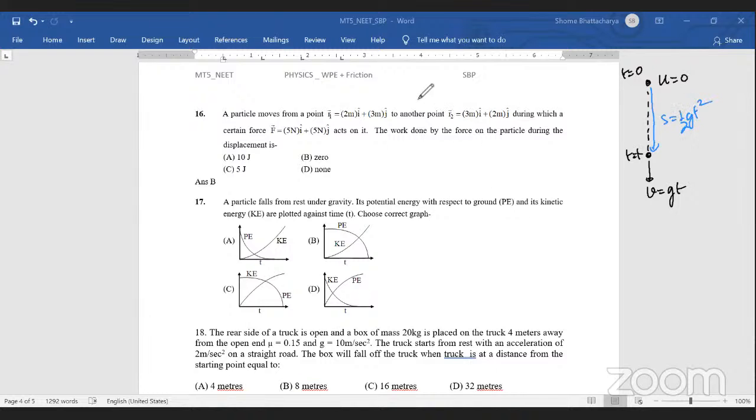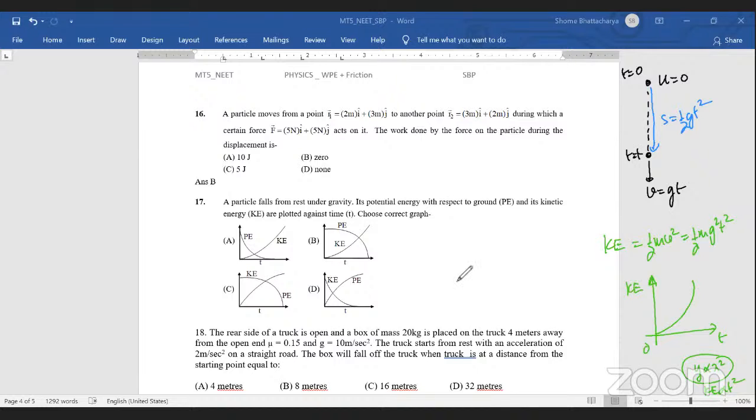So the kinetic energy is going to be proportional to t square. You can see the relationship of kinetic energy versus time. It should be a graph of the type y proportional to x square, because kinetic energy is proportional to t square.